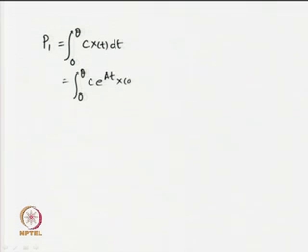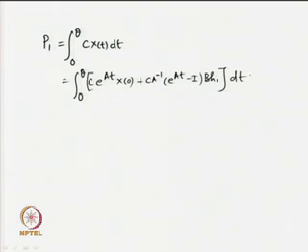Therefore, directly I can write this as x0 plus c a inverse, e to the power a t minus I, b h1, times dt. So, what is this? The c has been multiplied with x(t), the state variables of the system, and we have to integrate it for the time range t spanning from 0 to theta.